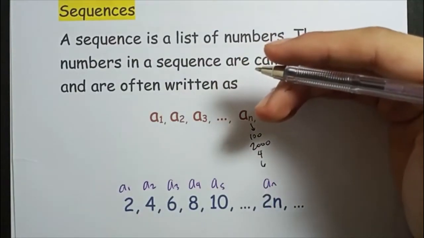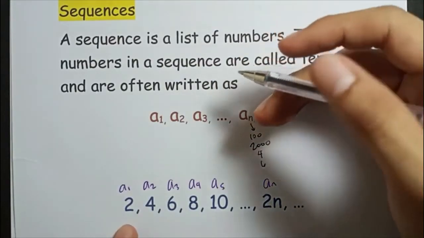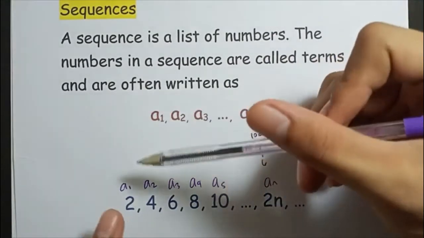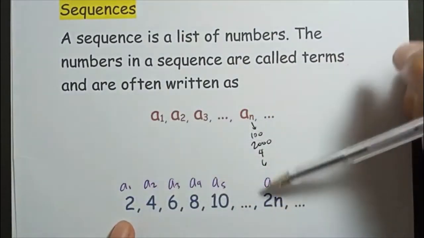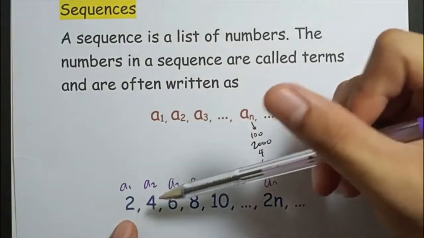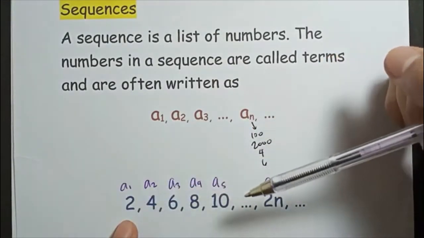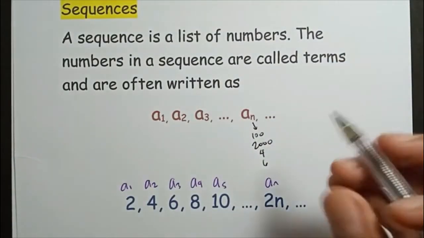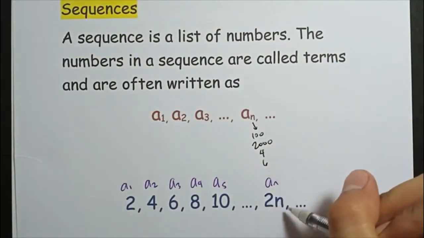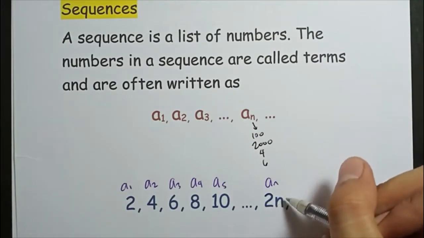Kaya patterns and sequences yung title ng lesson natin. So, try natin dito. As you can see, lahat sila even number. And itong 2n na to ay dito na derive kasi nga 2, 4, 6, 8, 10. So, lahat sila even, kaya ito ay 2 times n. And n can be any number.